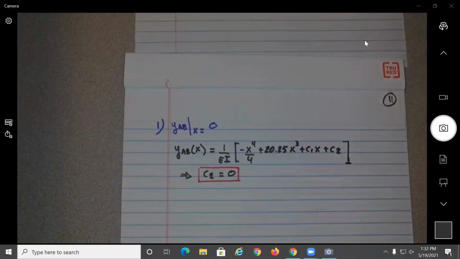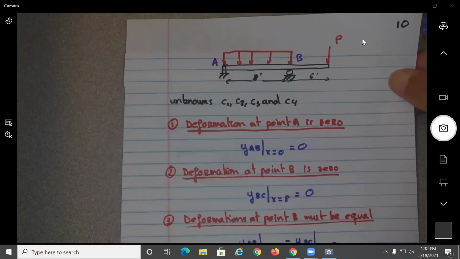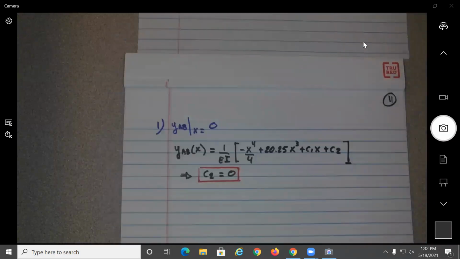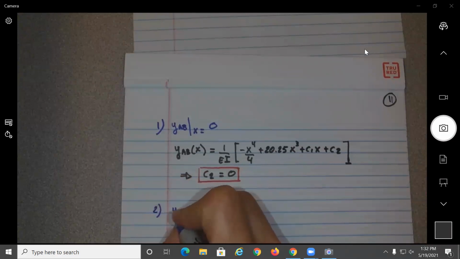All right, now we're going to apply this second condition. Deformation at point B is 0.